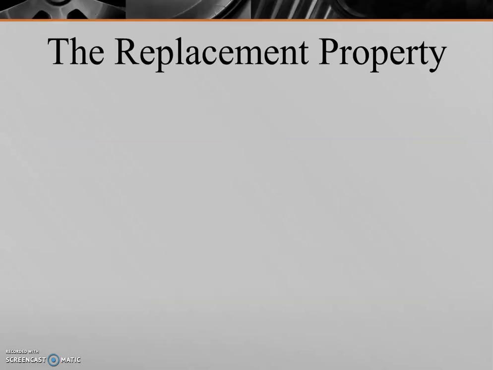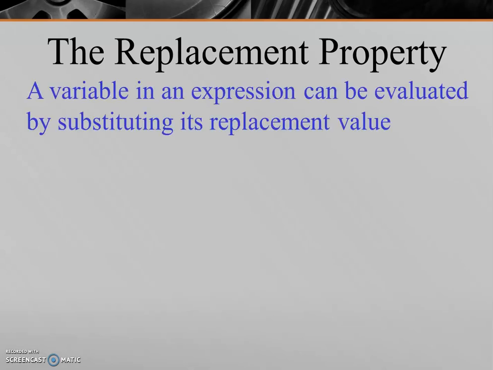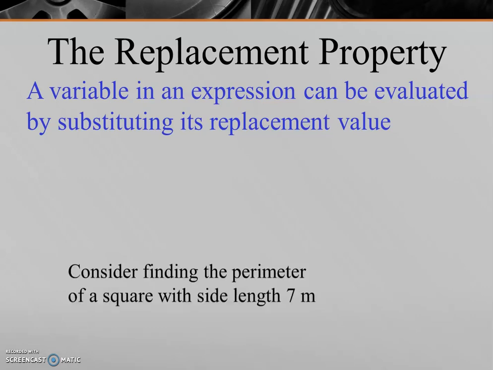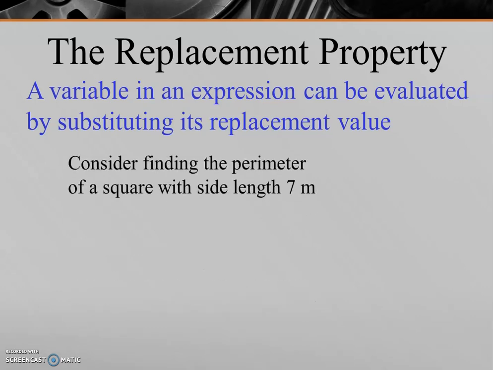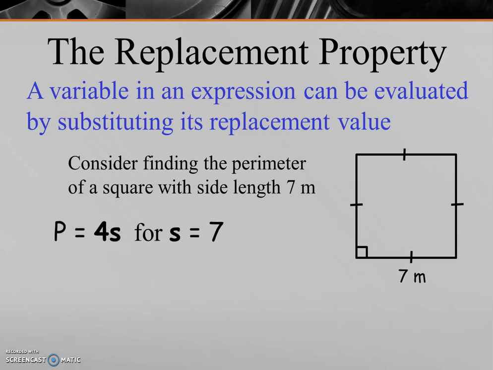What we need to learn today is the replacement property. As I said, the variable represents a number, and so sometimes I'll tell you, substitute a certain value in for the letter. So consider the equation for the perimeter of a square, all right? P equals 4s. Well, in this particular square, the side length s is 7.